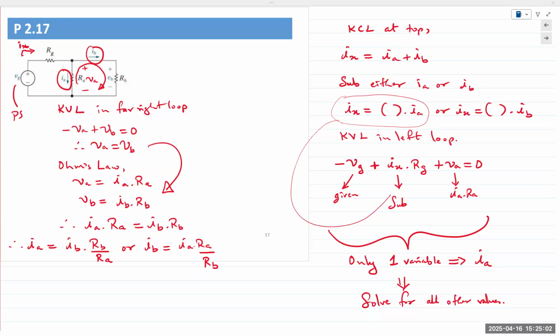If it's a new circuit that I do, then I go through multiple steps, and then I know which step to start with. So in this case, we are just starting with KVL at the far right loop. The goal is to eliminate as many variables as possible and get one single equation which has only one variable, which is right here.